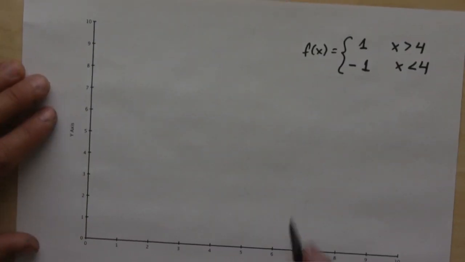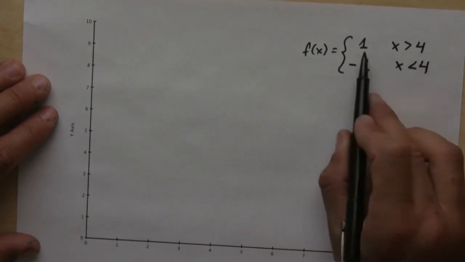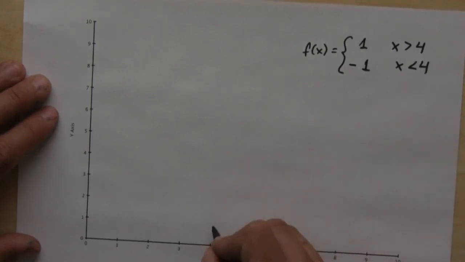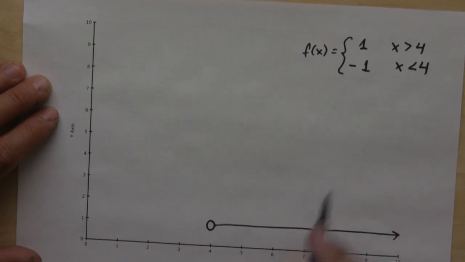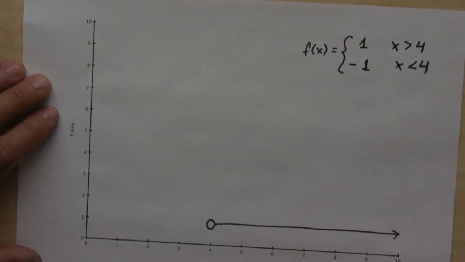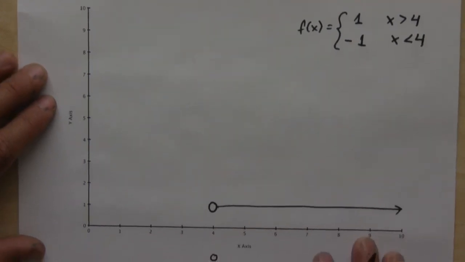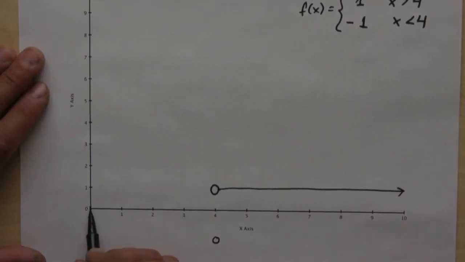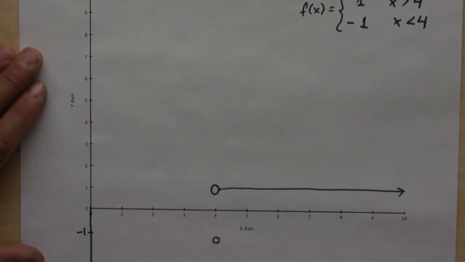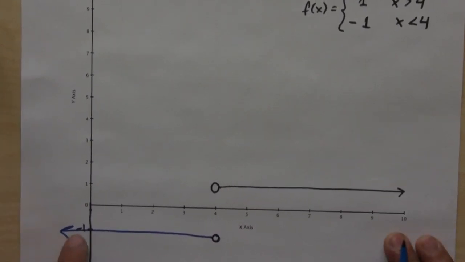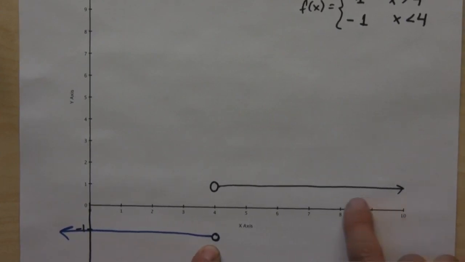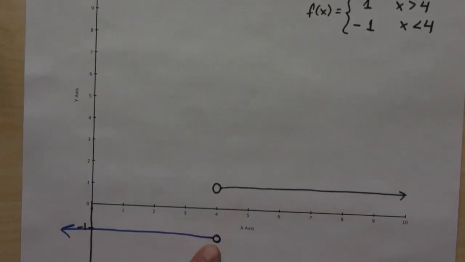So when x is greater than 4, it equals 1. When x is less than 4, it equals negative 1, which is down here somewhere. And so that's what the function looks like. If you come in from the left, you get to negative 1. If you come in from the right, you get positive 1. And that's it.